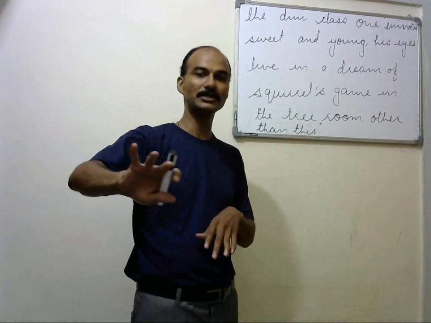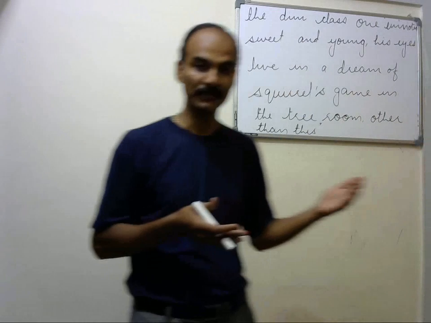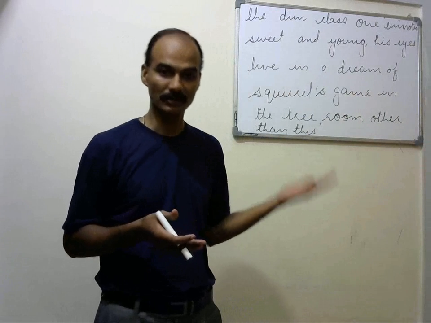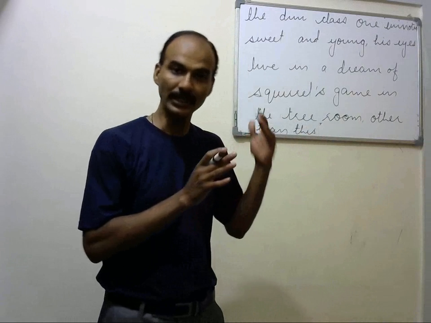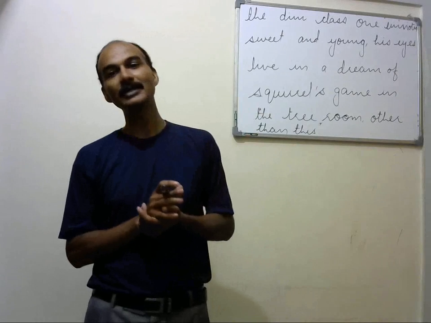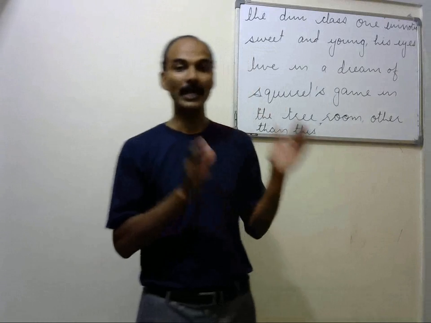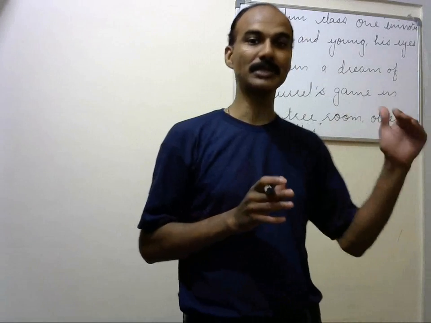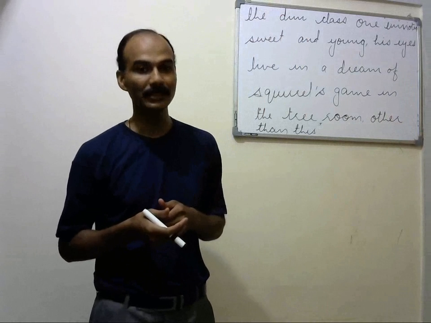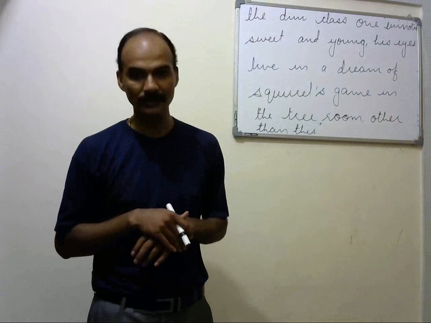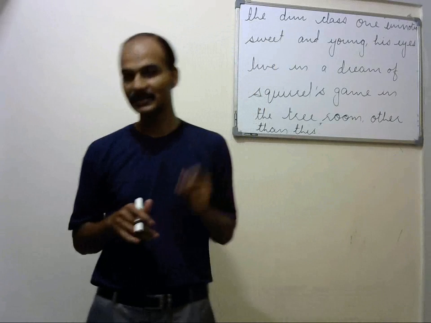Putting aside all his problems, he can involve himself in the squirrel's game. He can be happy watching that squirrel's game, playing in the tree room. So there are some like this sweet, unnoticed young boy who have the guts to dream of something else, who can be happy putting aside all their problems. That's what the poet is trying to convey in this first stanza.